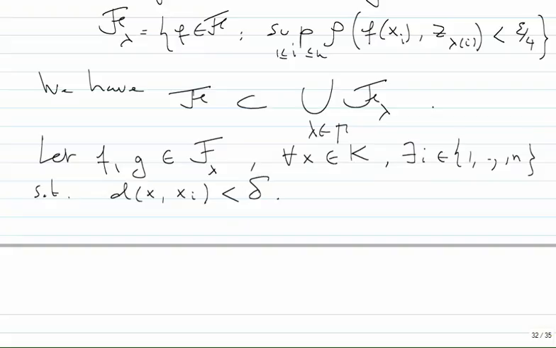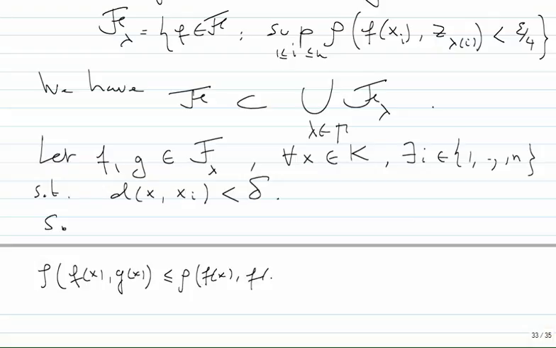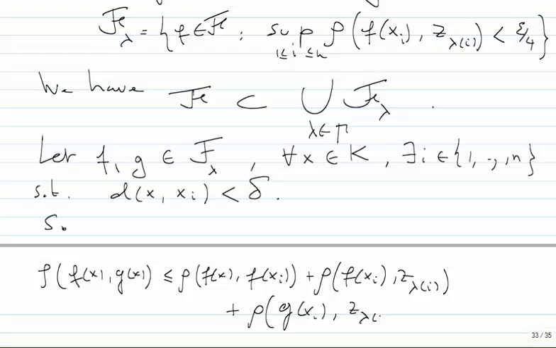and so we have rho of f(x), g(x) is less or equal to rho of f(x) to f(x_i) plus rho of f(x_i) to z_lambda_i plus rho of g(x_i) to z_lambda_i plus rho of g(x_i) to g(x).